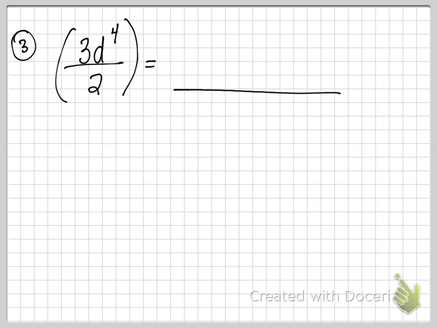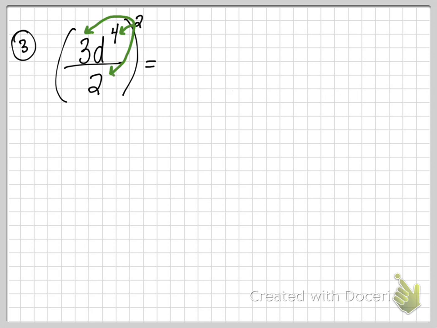Here's another example: 3d to the fourth over 2, and let's say that whole quantity is to the second power. This one encompasses both rules. This exponent of 2 needs to go to the 3, it needs to go to the d to the fourth, and it also needs to go down to our denominator of 2.